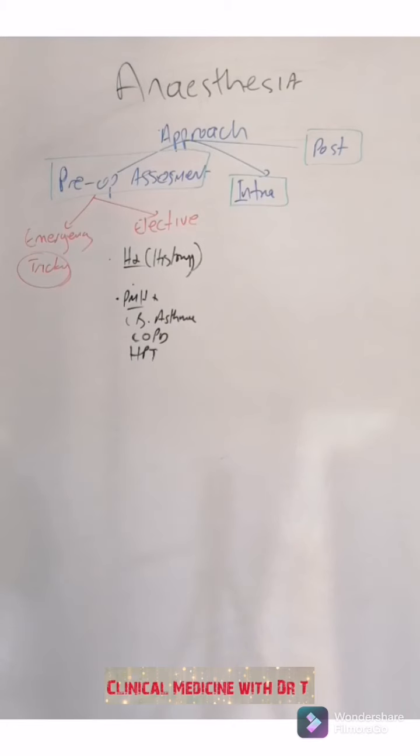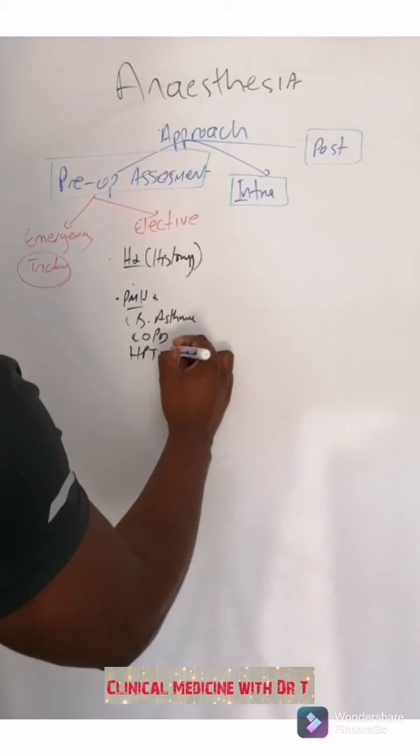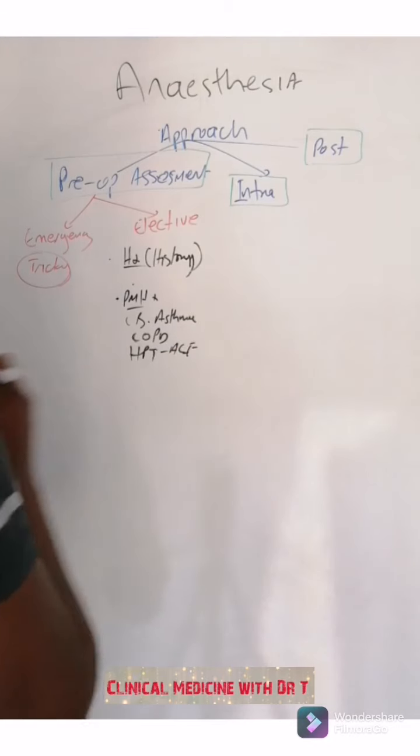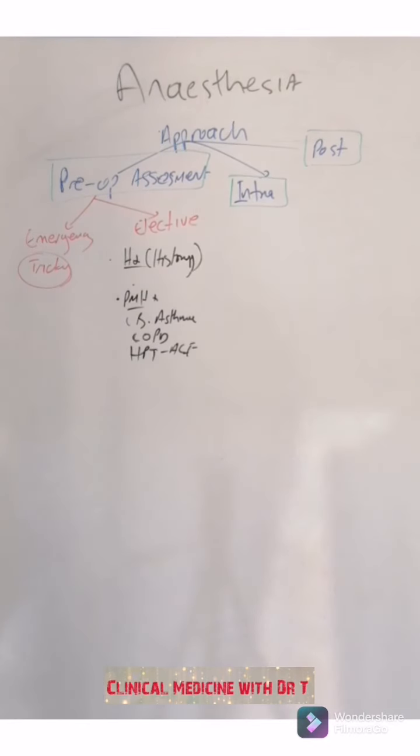And you want to know what drugs they are taking. Drugs that tend to give a problem intra-op are your ACE inhibitors. That's why they need to stop those drugs a night before they go to theater, because in theater they cause blood pressure to drop.